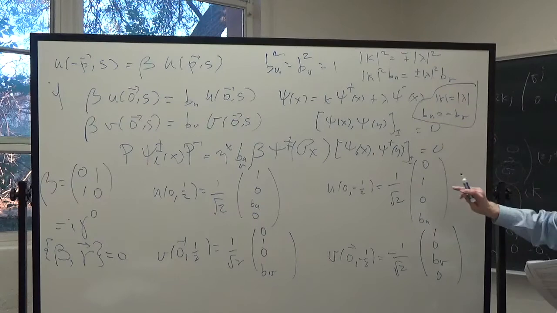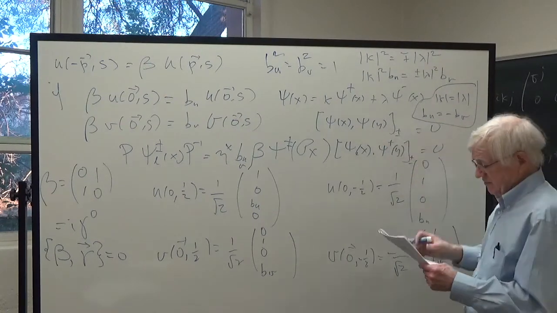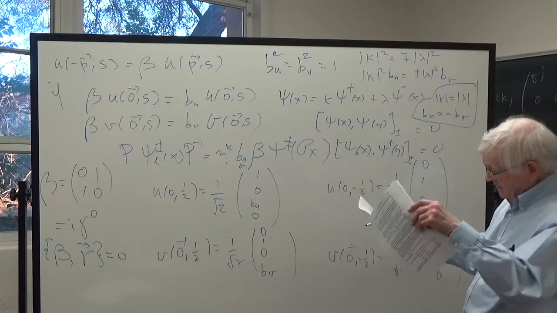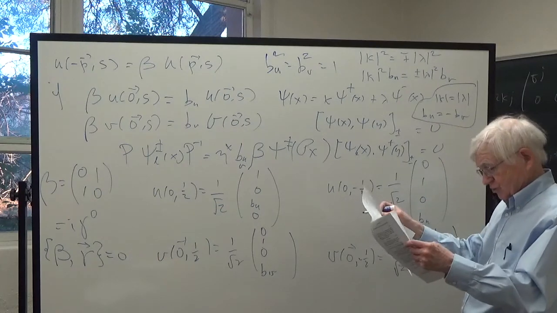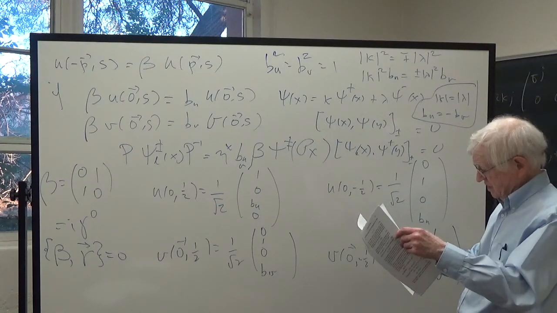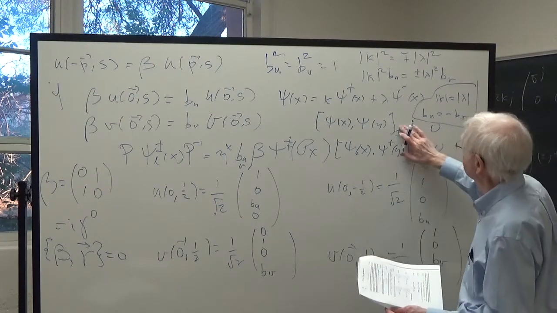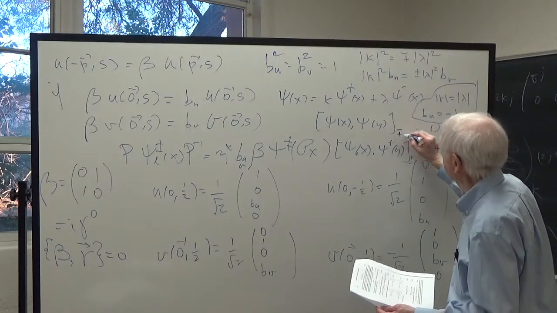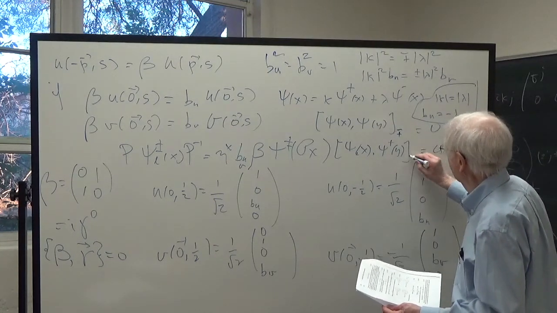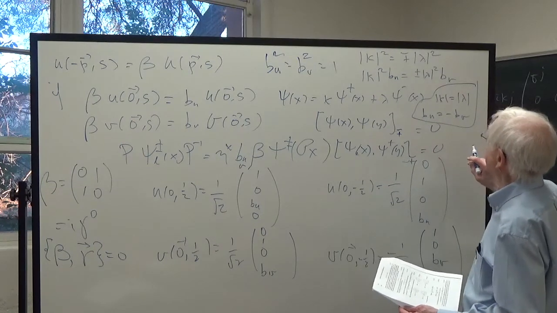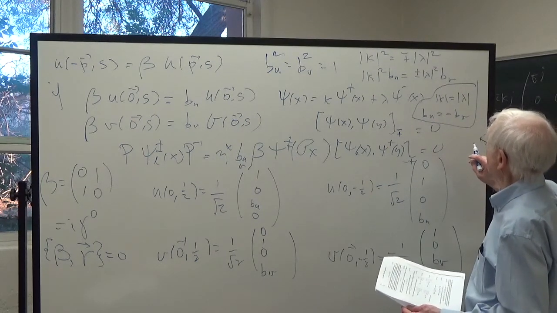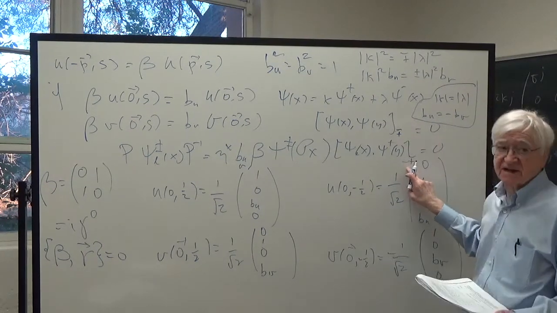I wrote this down incorrectly, because he uses the convention minus plus. So we have to take the bottom sign, which is the anti-commutator.